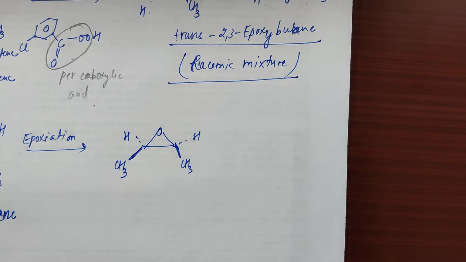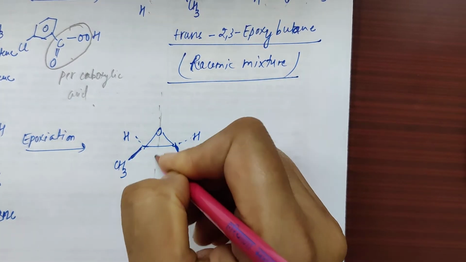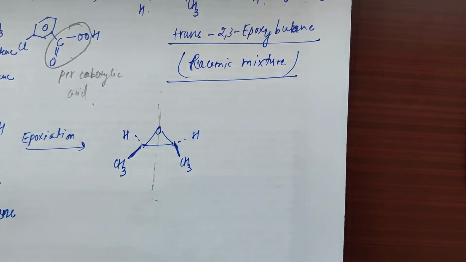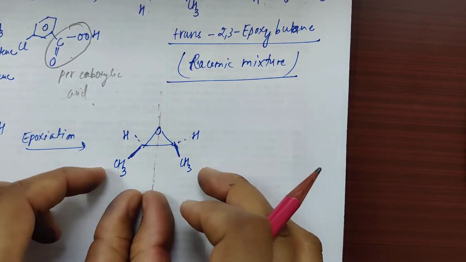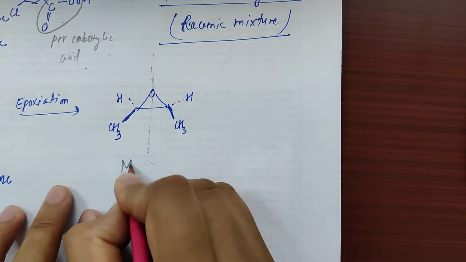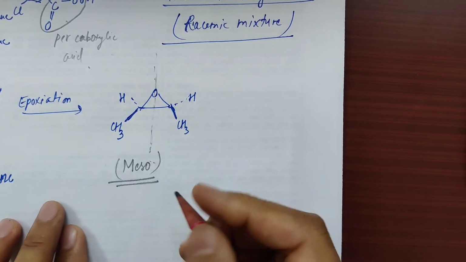That depends from which direction you are watching. Now if you look, there is a plane of symmetry here. If we cut this molecule along this dashed line, we will get two equal parts of the molecule. So this is not a racemic mixture, instead it's a meso compound.